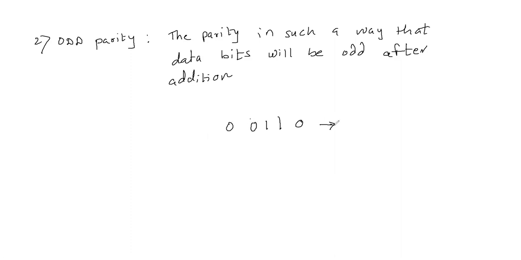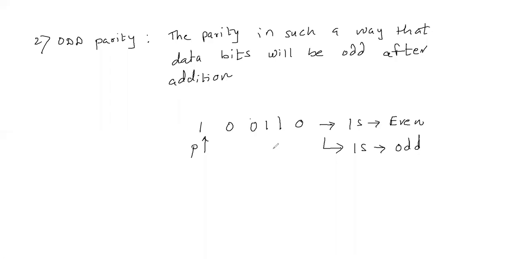We see that the number of ones is even. So if I add one extra bit as a parity bit, this will make the number of ones odd. So these are the two types where we can add the parities, one is even and one is odd.